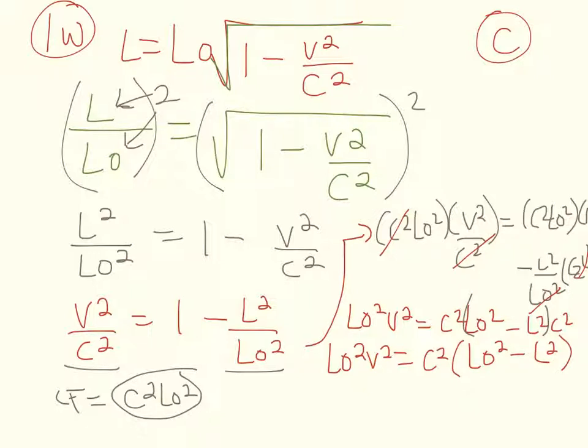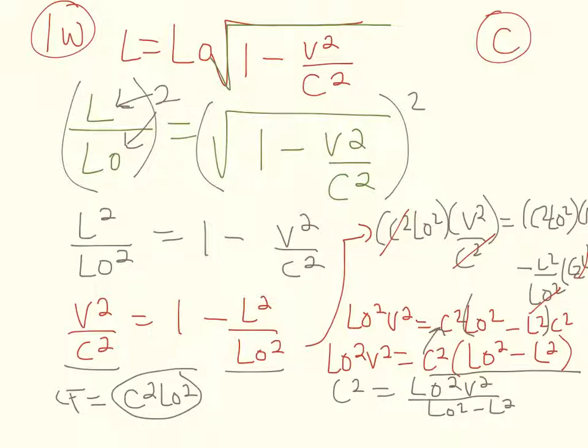So if we were to multiply that out again from this line, you should get the line just directly above it. Okay, so now I'm going to isolate for C squared. So C squared is actually equal to L naught squared V squared all over L naught squared minus L squared.